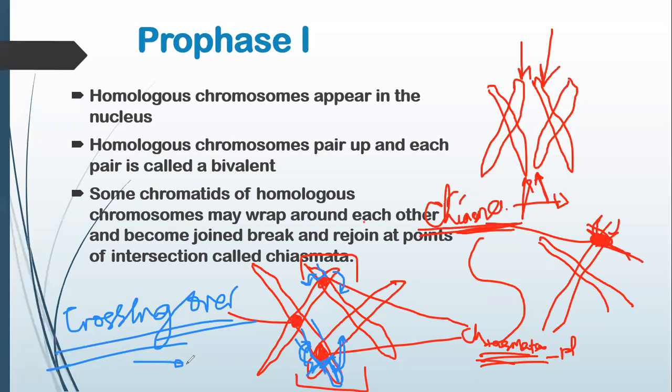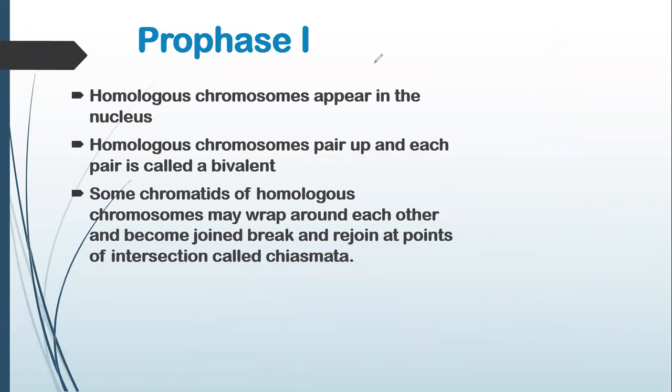And that's when you actually see organisms belonging to the same species, but the two organisms are totally different. We studied variations, you remember, and we saw one of the causes of variations is crossing over. So crossing over occurs in prophase one of meiosis one.